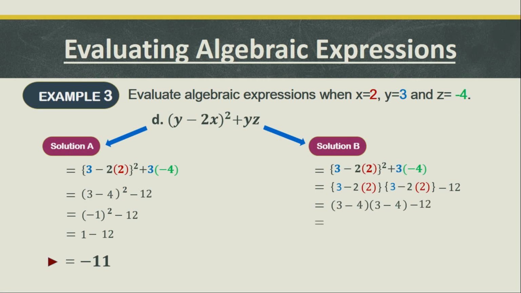Simplify 3 minus 4, and that's negative 1, times negative 1 minus 12. By following PEMDAS rule, multiplication comes first before the subtraction. So let's multiply first negative 1 and negative 1. The answer is positive 1. Then copy minus 12. Now simplify 1 minus 12. The answer is negative 11.